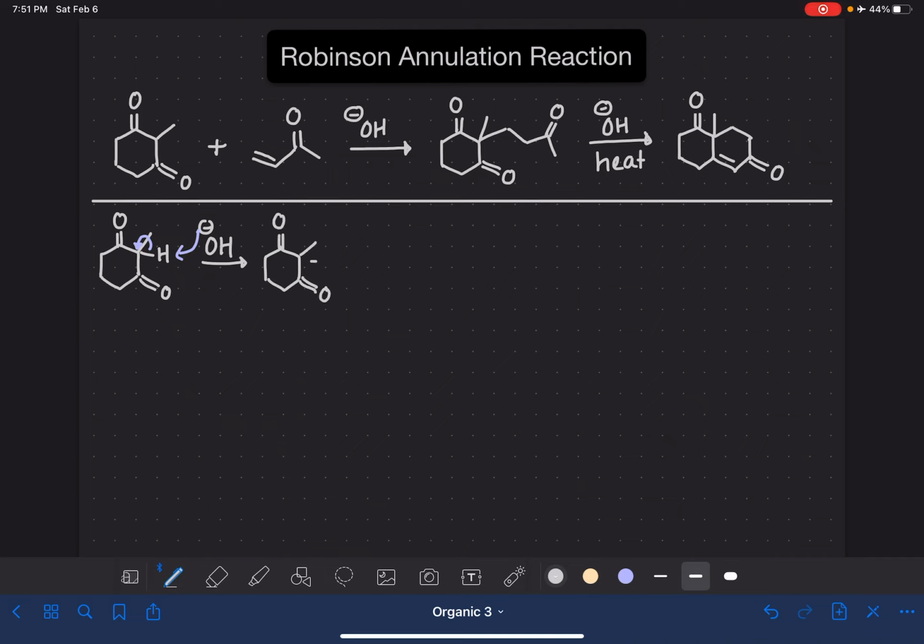This is our Michael donor, or the nucleophile, that's being used in the Michael addition part of the reaction. The nucleophile enolate is going to attack carbon number 1 of the 4 atom conjugated system. We're going to shift all of the bonds around. This is the part where I have to be careful to make sure that I don't lose any of my carbons.